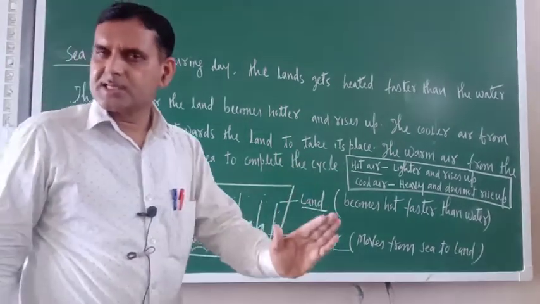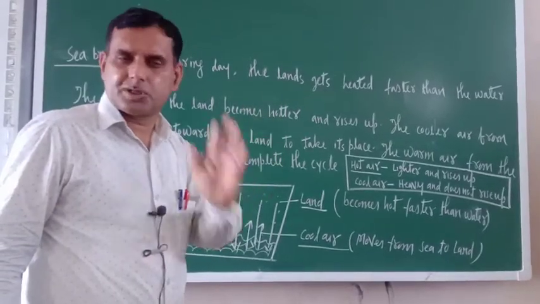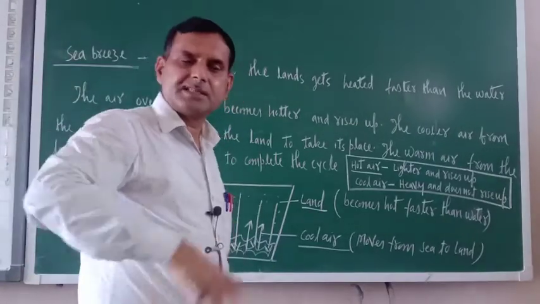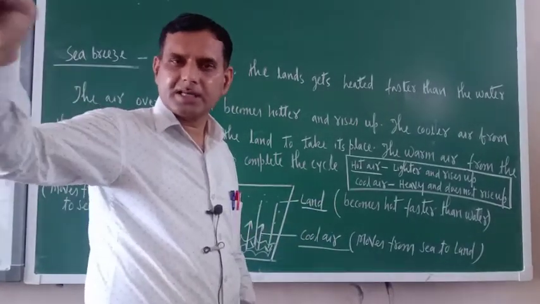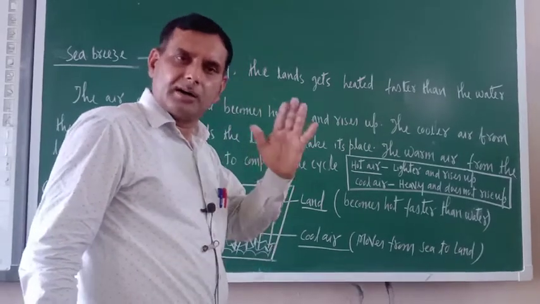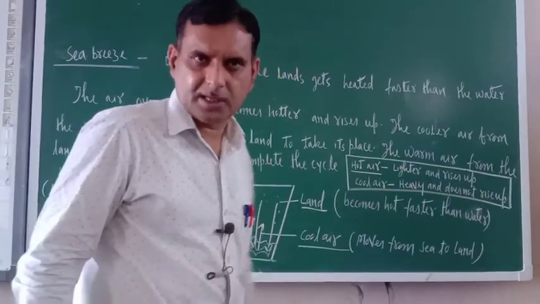Coastal area means the area which is very near to the sea coast. The sea is itself a big system where water is everywhere. And the land surrounding the sea is called the coastal area.